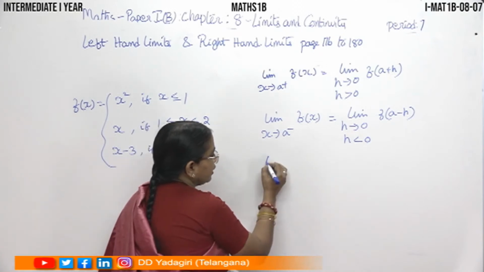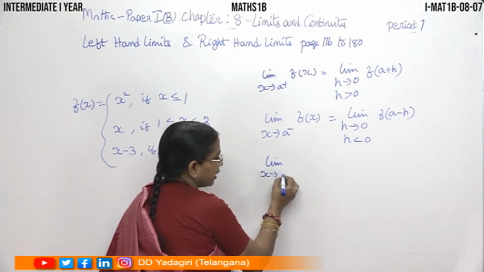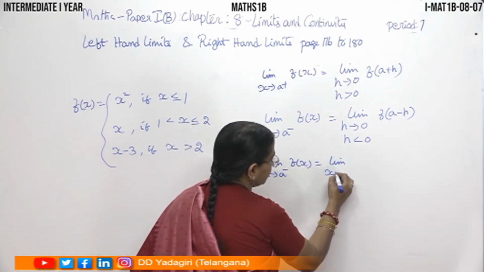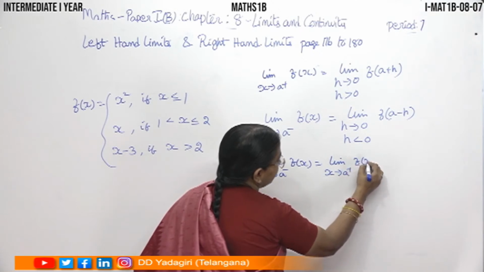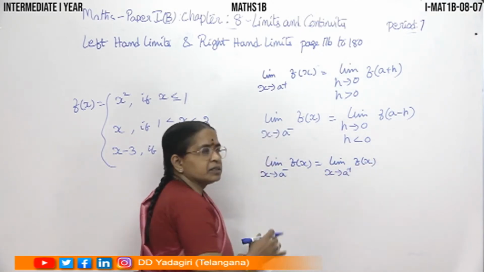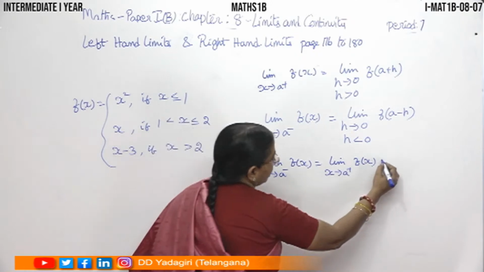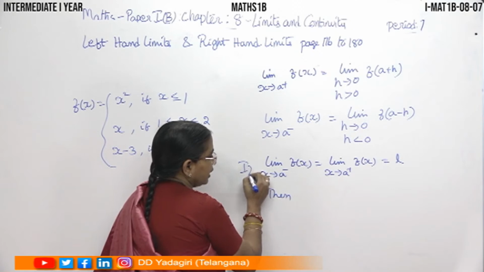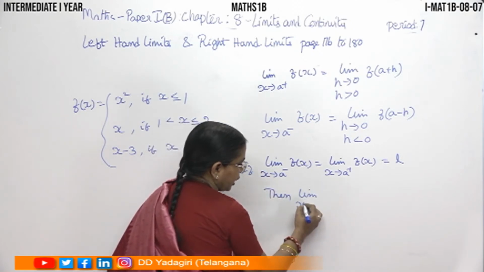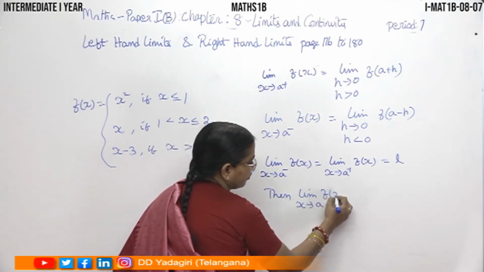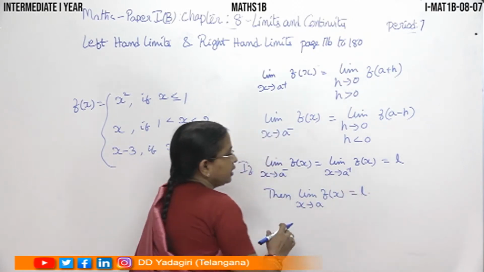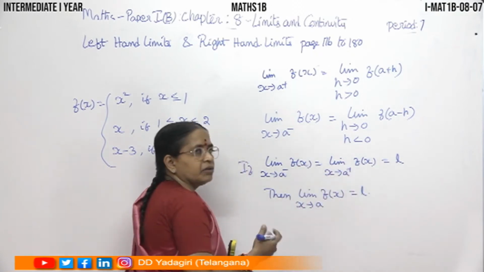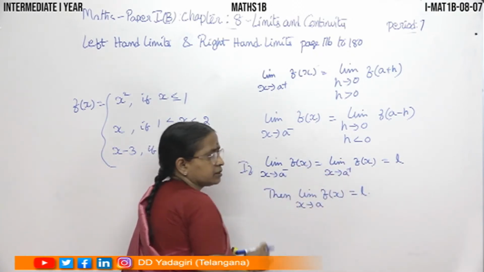That means when limit x tending to a minus of f of x is the same as limit x tending to a plus of f of x, when the left hand limit is the same as the right hand limit, and it is equal to some L, then we say that limit x tending to a of f of x is equal to L. But if they are not equal, then we say that the limit does not exist.